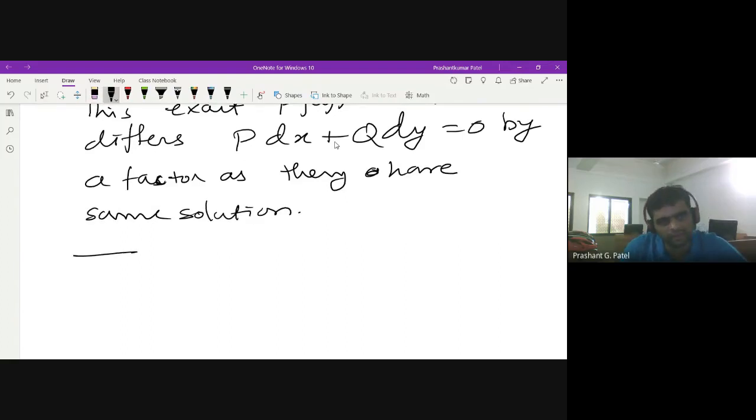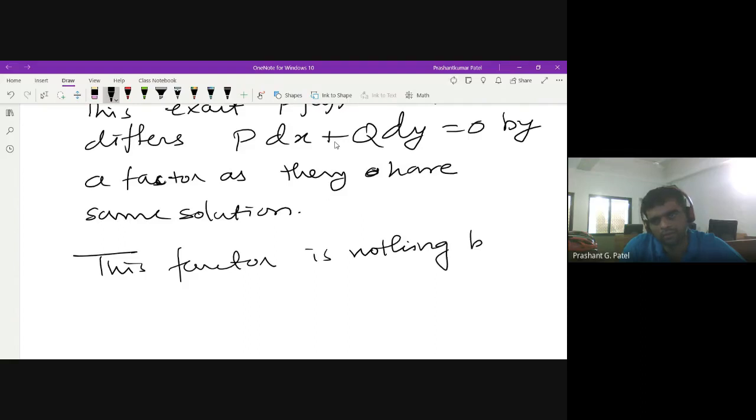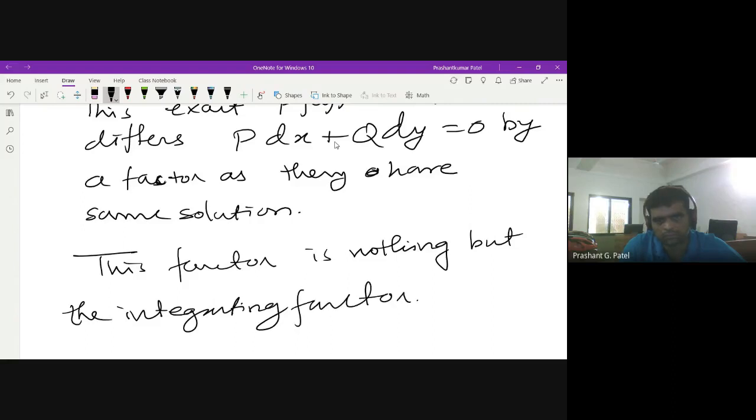And this factor is nothing but the integrating factor. And this completes the proof of this theorem.